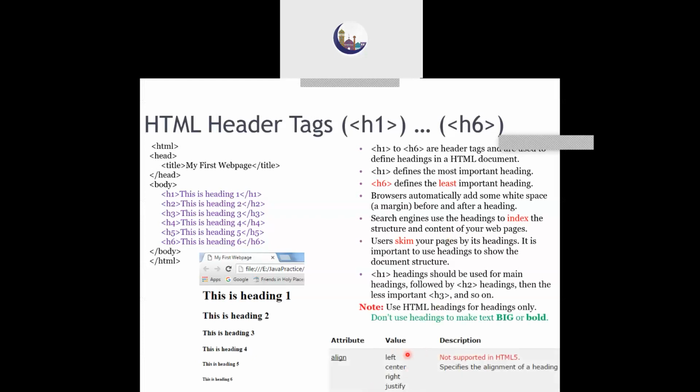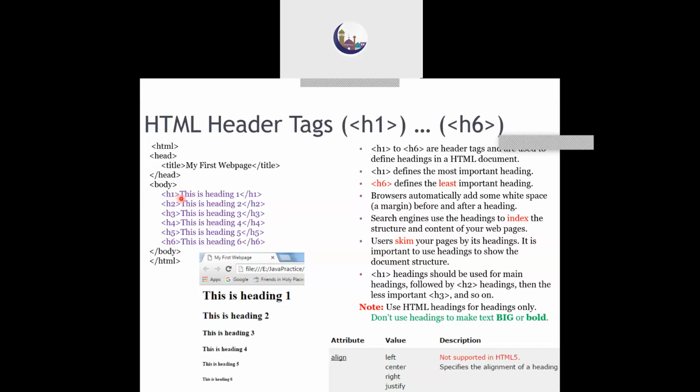Regarding its attributes. If you see, all these headings are starting from the left margin, from top to bottom. If you want to align the text to a different format, then you can use align as the attribute. Just in the opening tag, beside H1, give a space and then write the keyword align as the attribute name.